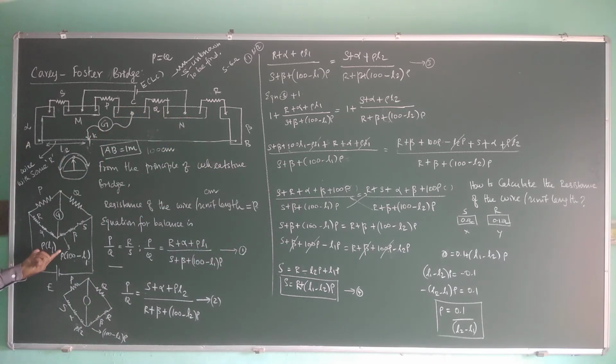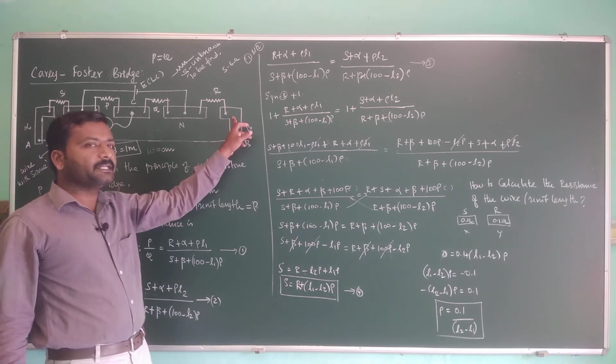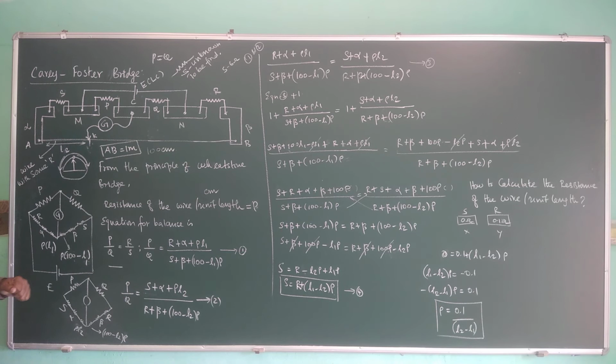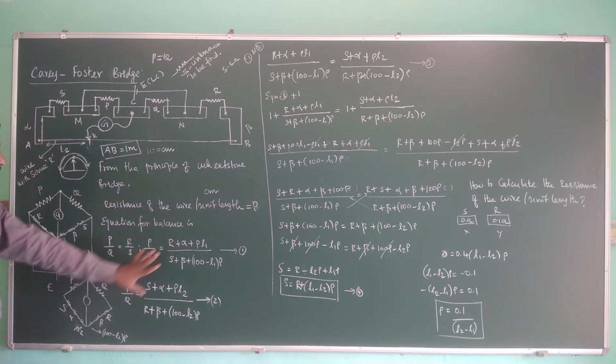Applying the equivalent circuit for the Wheatstone bridge, it gives P and Q, while in the bottom side in place of R there are 3 resistances: one is R, another is the resistance in this strip, and third is the resistance of the wire up to the balancing length, plus the resistance beta and S. We know the balance equation, P by Q is equal to R by S, and using this we get equation number 1.